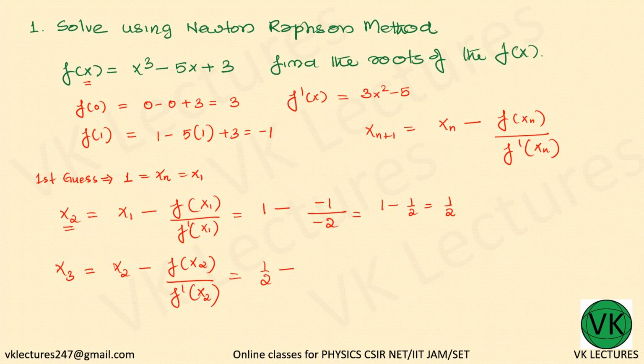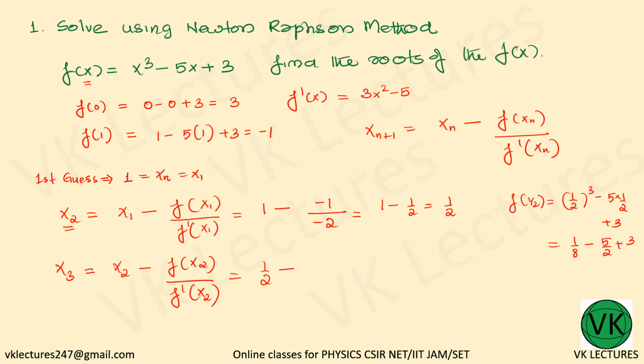F of half means we have to substitute for x equal to half in this function. So f of half means half cube minus 5 times half plus 3. So that's equal to 1 by 8 minus 5 by 2 plus 3.